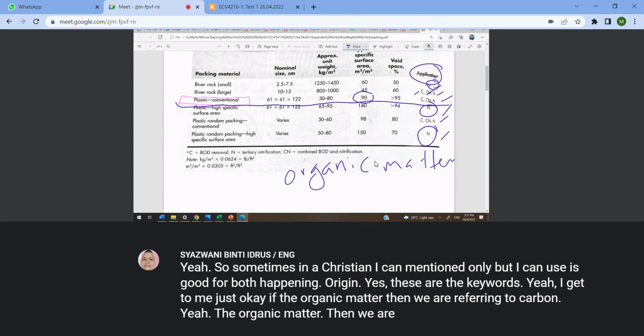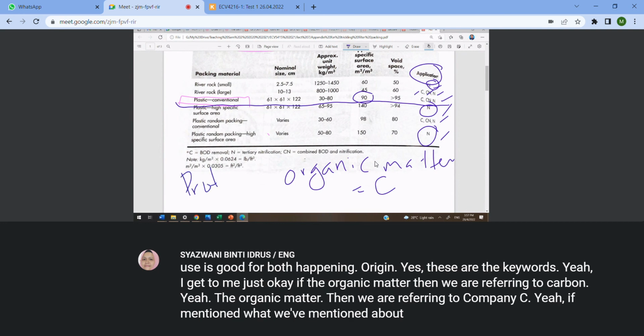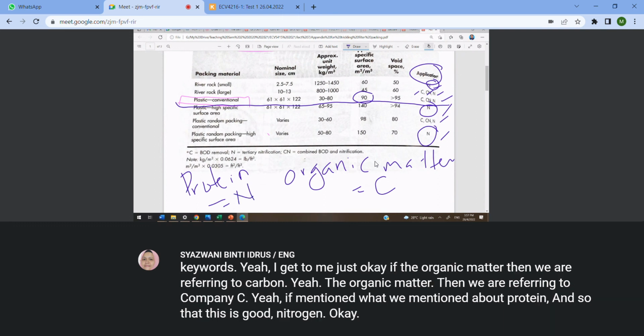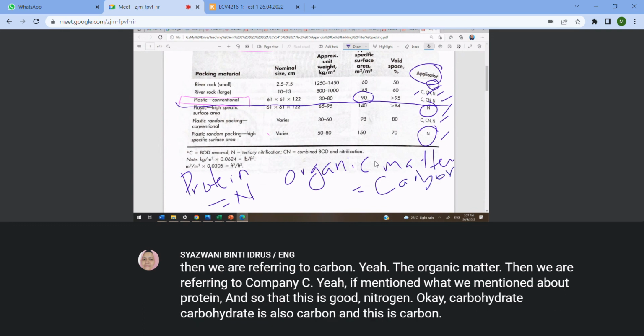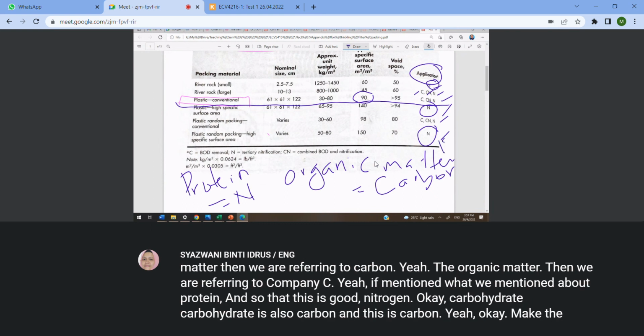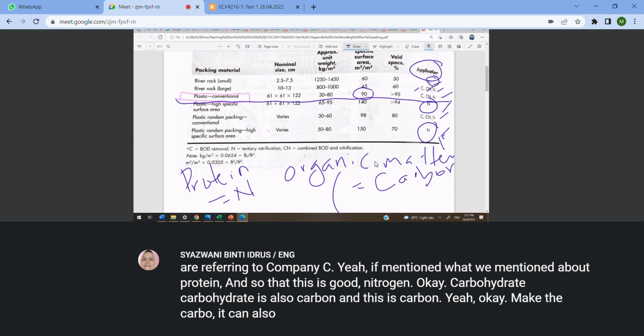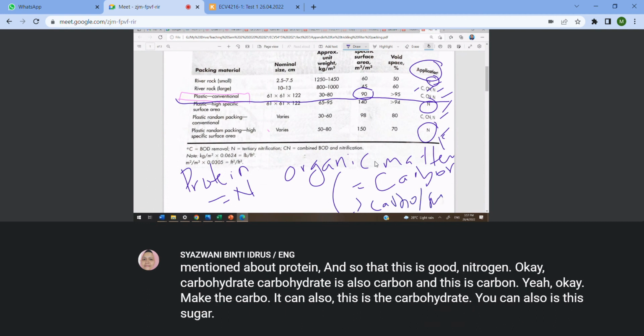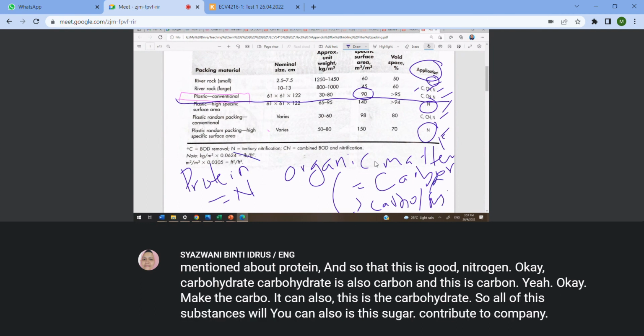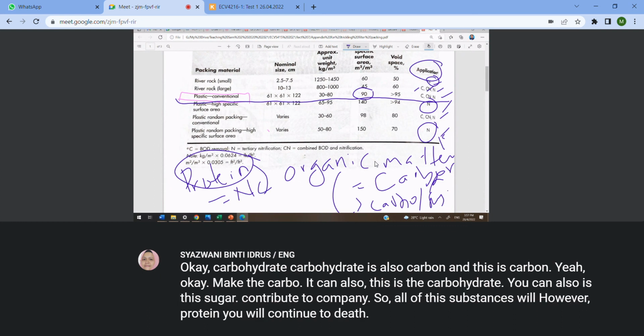If we mention protein, then this is equal to nitrogen. Carbohydrate is also carbon. Organic matter can also exist as carbohydrate, or as sugar. So all of these substances will contribute to carbon. However, protein will contribute to the nitrogen.